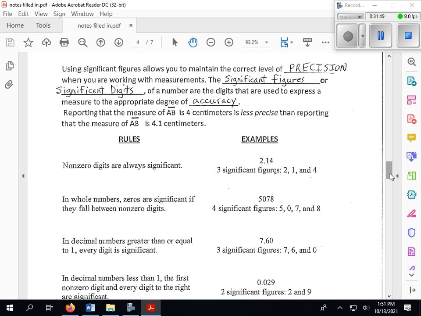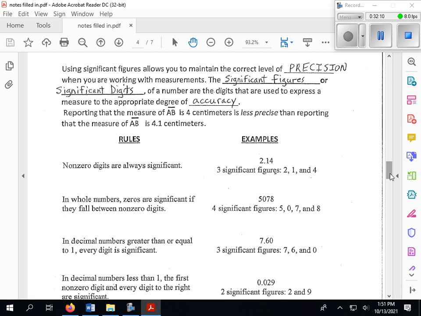So using significant figures allows us to maintain the correct level of precision when you're working with measurements. Sorry, I'm not an English teacher. Significant figures or significant digits. I know in science class they say sig figs or whatever.